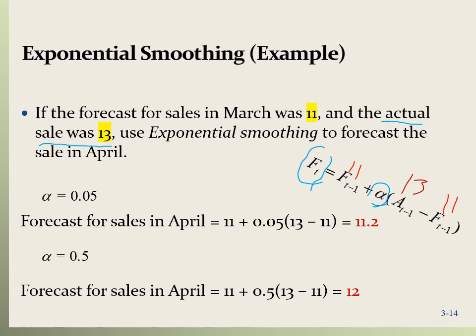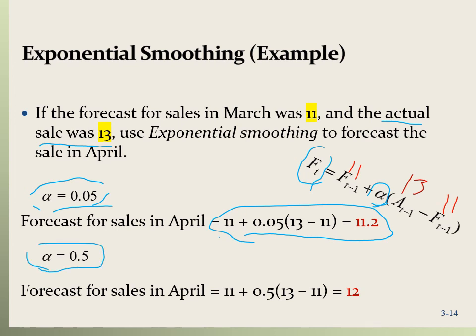So let's see what would be the impact of different values for alpha. Starting with alpha equal to 5%, you're going to get 11.2 as your forecast. If you use, for example, 50% as a smoothing constant, and you plug it in the formula, you're going to get 12.